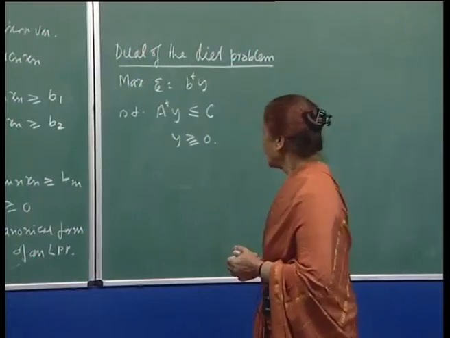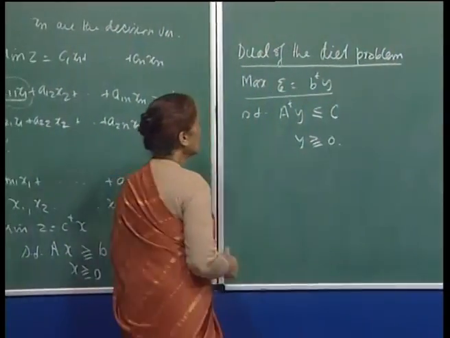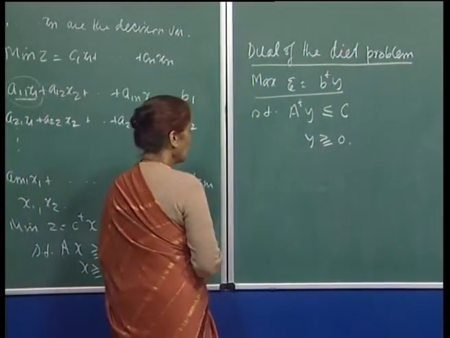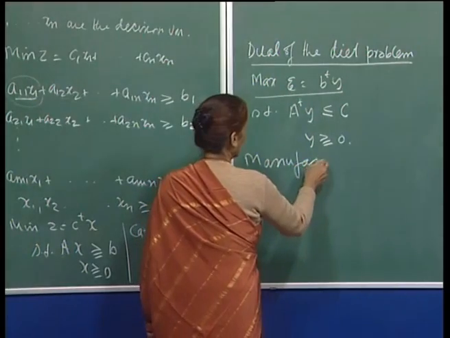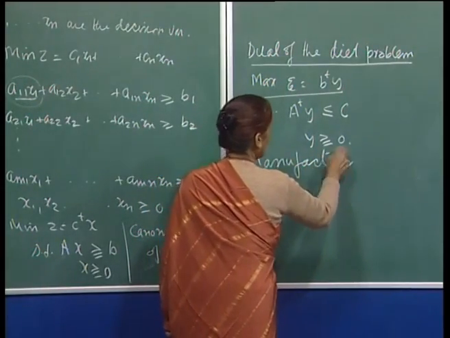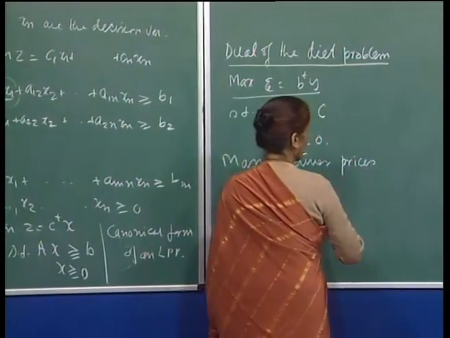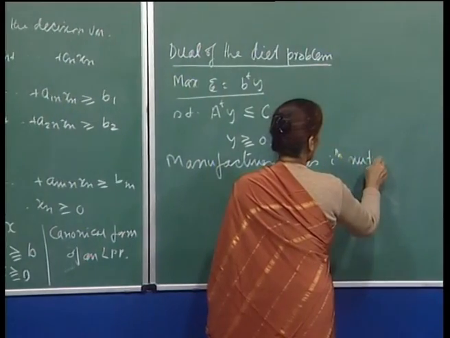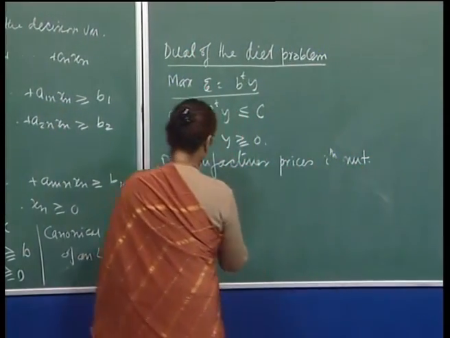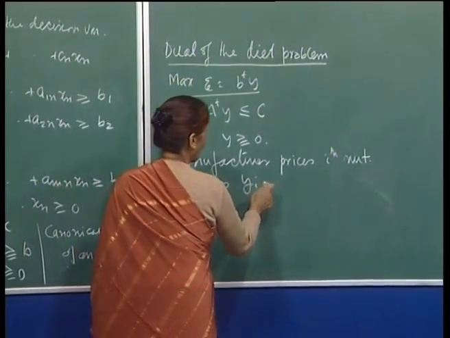In what way? So, let us say, and just see, the dual problem is the maximization problem. So, the manufacturer prices the ith nutrient pill as yi units.